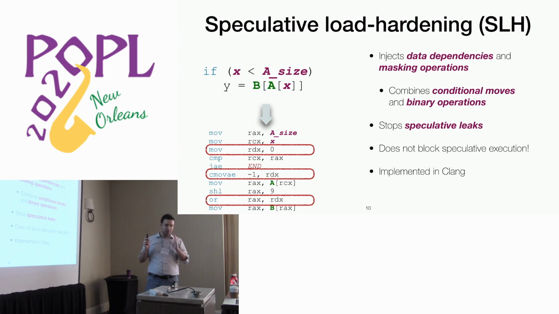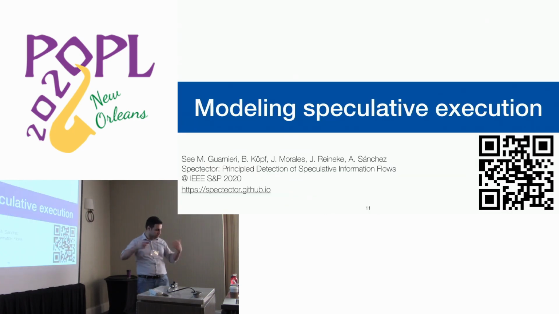So before looking into how we can reason about countermeasures, we need to figure out how to model and how to formalize the effects of speculative execution. The next slide is based on some recent work that we did, which is going to appear at Oakland, but somehow Dan and Marco also worked on another framework.